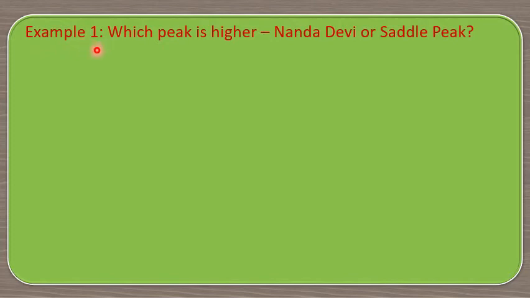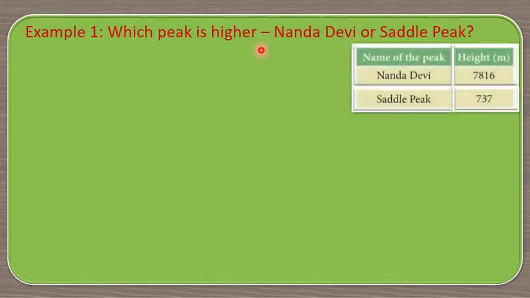Example 1. Which peak is higher, Nanda Devi or Saddle Peak? This is the question. To answer this, we should know the heights of these mountains, and for that we will refer the table which is given earlier.